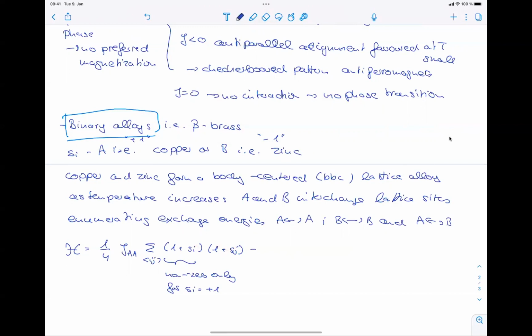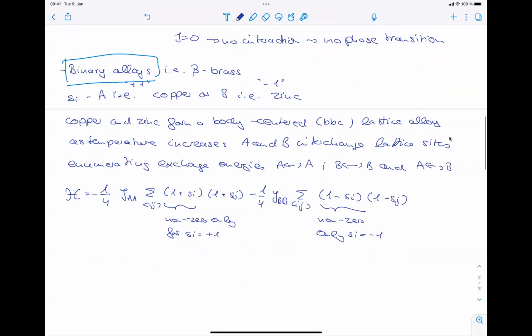And there's a minus sign. In a similar fashion, I can write down the interaction between B and B, noticing now that B, I denoted with -1, so I write this as (1 - Si)(1 - Sj). Well, then this term is non-zero only for Si = -1. And then we have an interaction term between A and B. Again, summing over nearest neighbors.